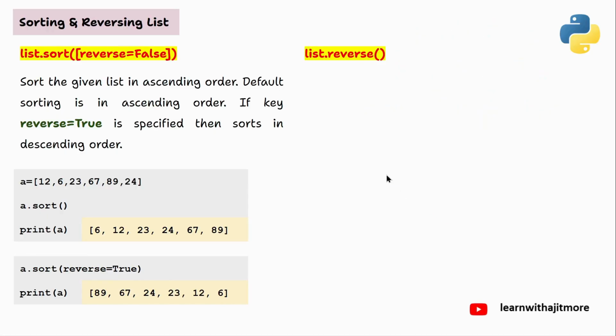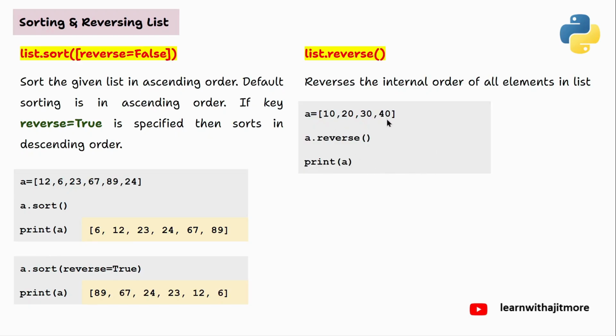So that also you should remember. It reverses the internal order of all elements in the list. Internal order means, you got, no? Zeroth position will become last, one second last, like that. It is just flipping, flip कर रहा है. तो ये flip किया तो ये 40 यहाँ आएगा, 30, 20, 10, like that.